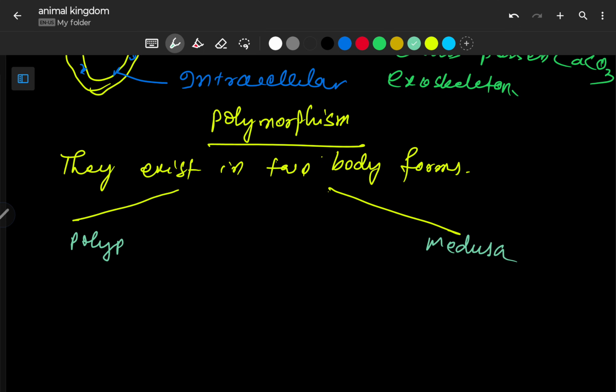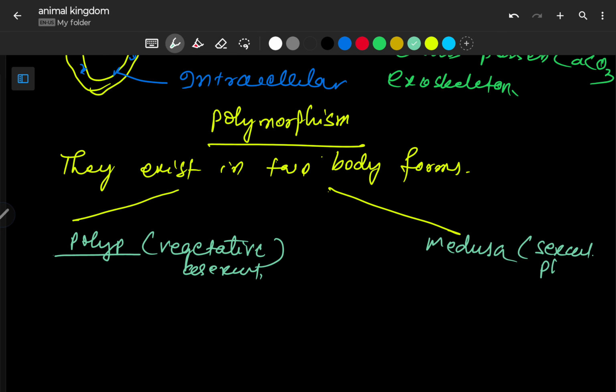The polyp is the vegetative phase. जैसे लाइफ साइकिल में सेक्सुअल एसेक्सुअल फेज होता है ना, सिमिलरली पॉलिप इज द वेजिटेटिव और एसेक्सुअल फेज. Okay, so they reproduce asexually, but the medusa is the sexual phase. They reproduce sexually. Now come to the features of polyp.